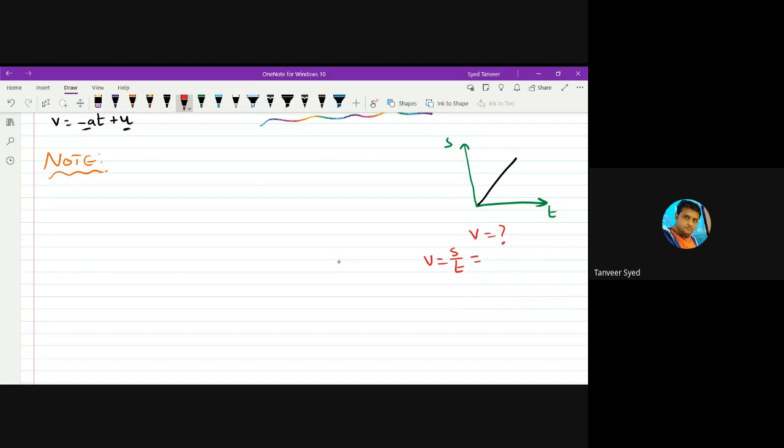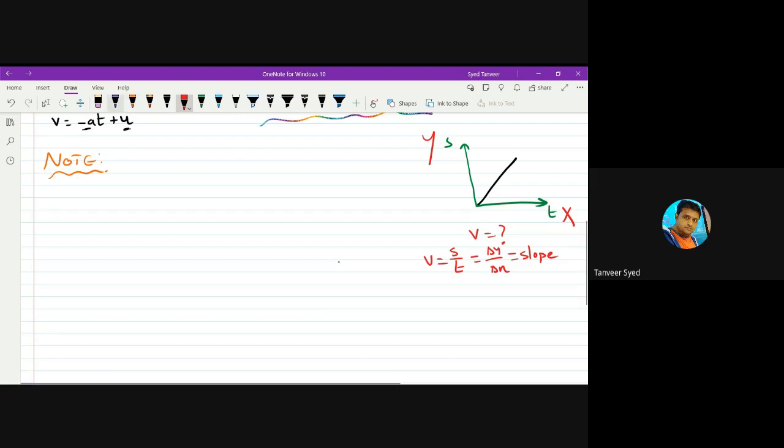Graphically, displacement by time. This is y, this is x. Graphically, is it y by x or delta y by delta x? Yes, sir. What is this delta y by delta x? It is slope. If you divide y2 minus y1 by x2 minus x1, you are finding slope.